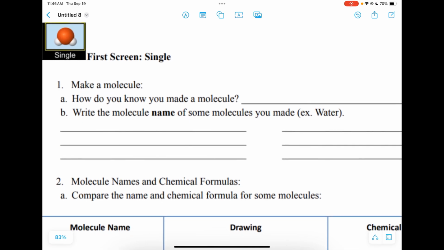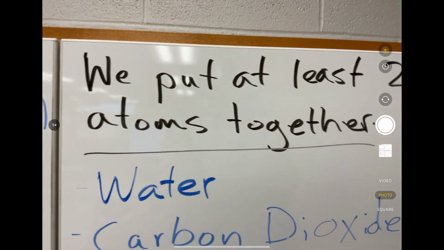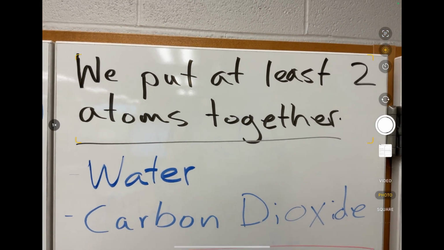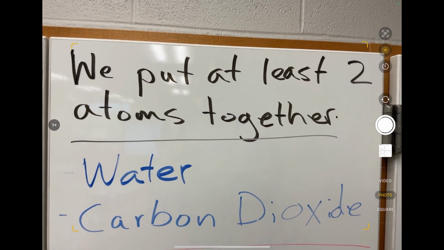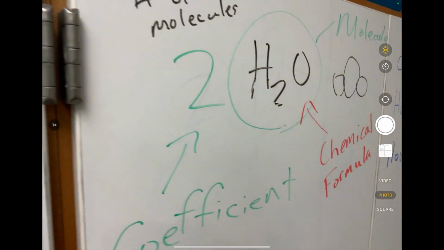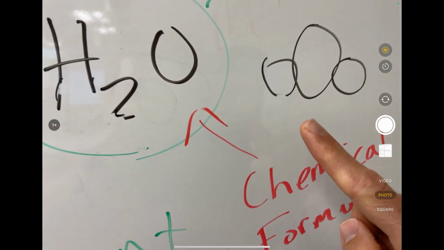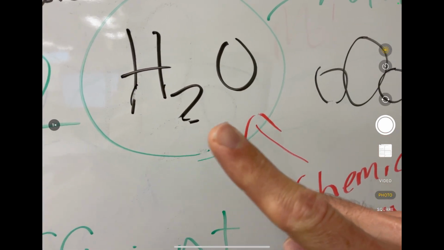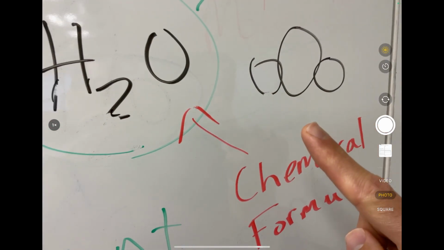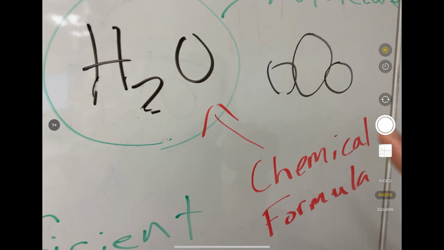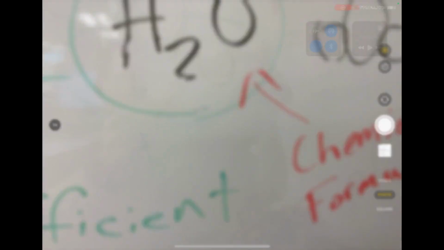We know we made a molecule because we put at least 2 atoms together. Whenever you have a molecule, as in the case of the water that we made earlier, we're going to take different types of atoms, like in this case, we had 2 hydrogens and 1 oxygen, and we're putting them together. Now, this one has 3, but if you remember it carefully, we didn't always have 3.